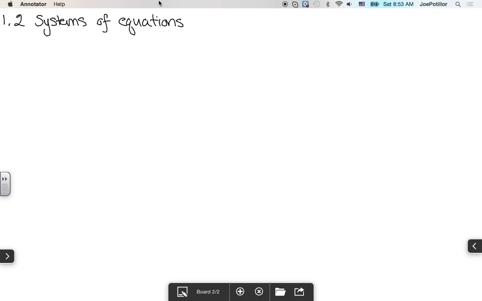And a simple definition of a system to give you to work with is a collection of two or more equations.